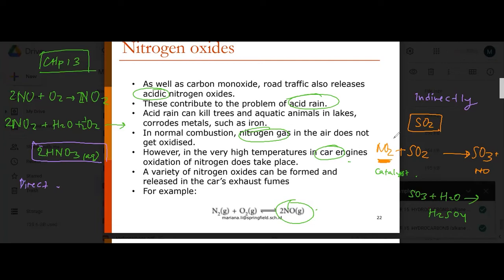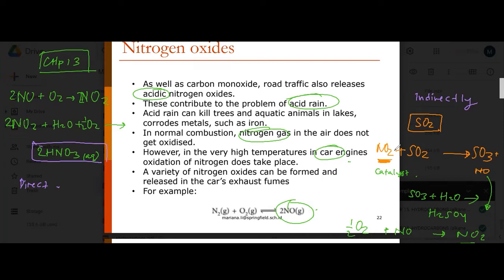Why is it called a catalyst? Since the NO that is produced in these reactions can reform NO2 by oxidation again. That's why it is called a catalyst, because it can reform at the end of the reaction. So it is like a cycle; it can react again and again.